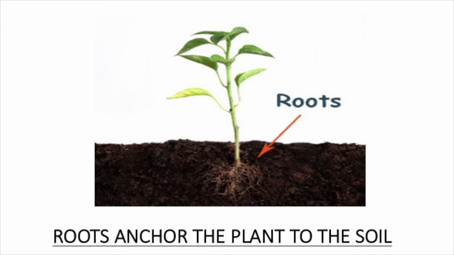Roots anchor the plant to the soil. Yes, that means normally the roots of a plant you cannot see because the roots are underground and they will keep the plant inside the soil. And when it's windy, it stops the plant from blowing away. You see here how the roots are inside the soil.